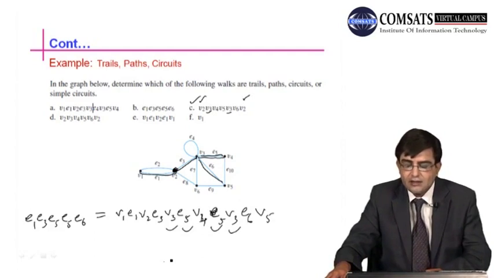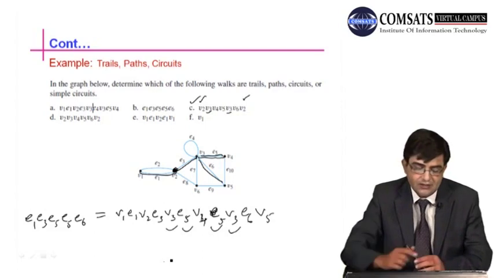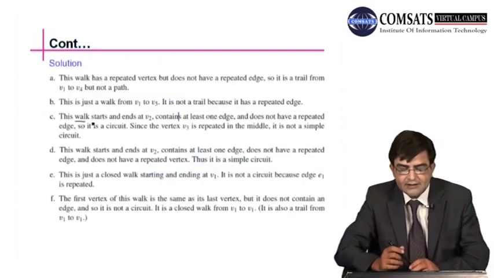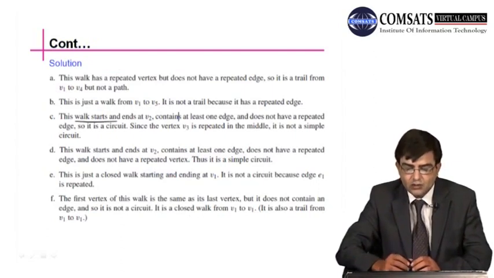So this is a walk first, and then it must be a circuit. So we can see the solution. This walk starts and ends at V2 and contains at least one edge. Does it have a repeated edge? No, it doesn't have any repeated edge, so it is a circuit. Since the vertex V3 is repeating in the middle, it is not a simple circuit.